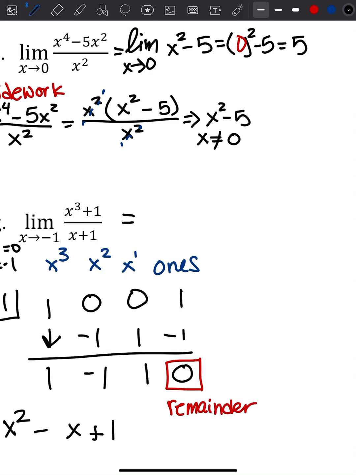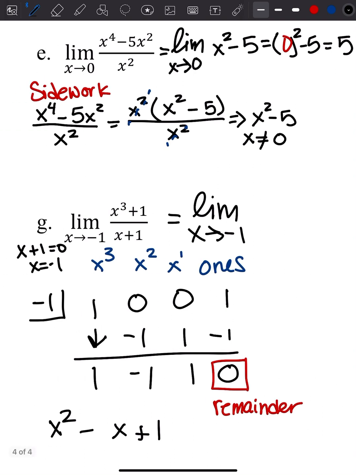So what I can say now is equals, I haven't applied my limit, so I'm going to write limit as x approaches -1. If I were to divide x cubed plus 1 by x plus 1, this x squared minus x plus 1 is my answer. On the other hand, if you want to go the factoring method, what this also means is if I were to take the answer we just got and multiply it by x plus 1, this would equal x cubed plus 1.